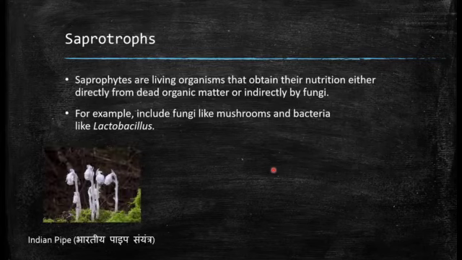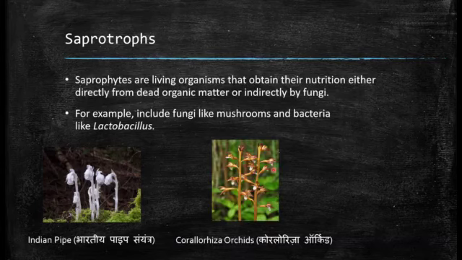So the first saprotroph plant in our list is the Indian pipe, which is known as Bhartiya Pipe Sanyantra in Hindi. The next saprotrophic plant in our list is the Corallorhiza orchid. This is a difficult word to pronounce, but you may learn it.